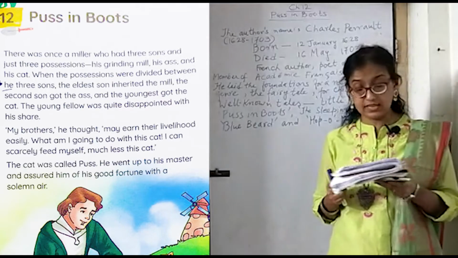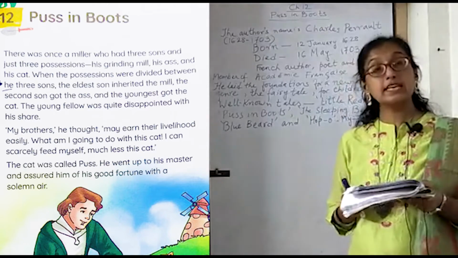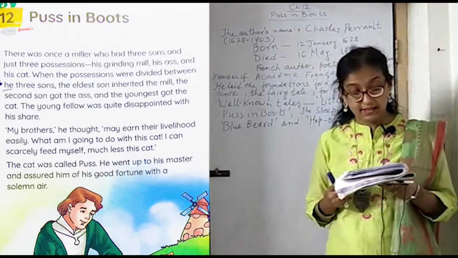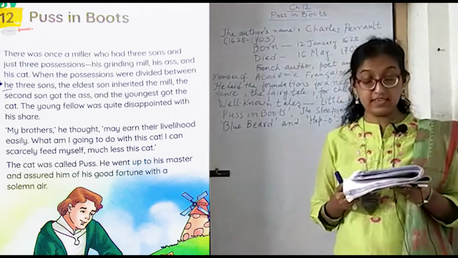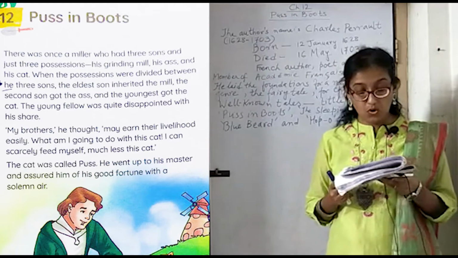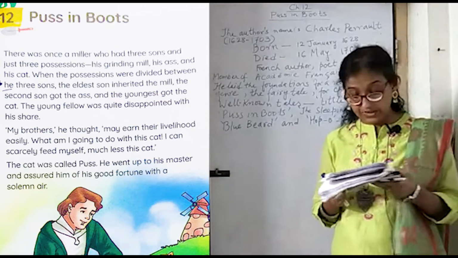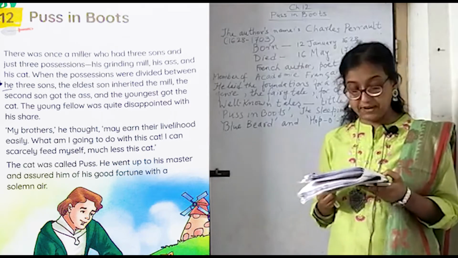At first, the youngest son laments as the eldest brother gains the mill and the middle brother gets the ass. The feline is no ordinary cat, however, but one who requests and receives a pair of boots.